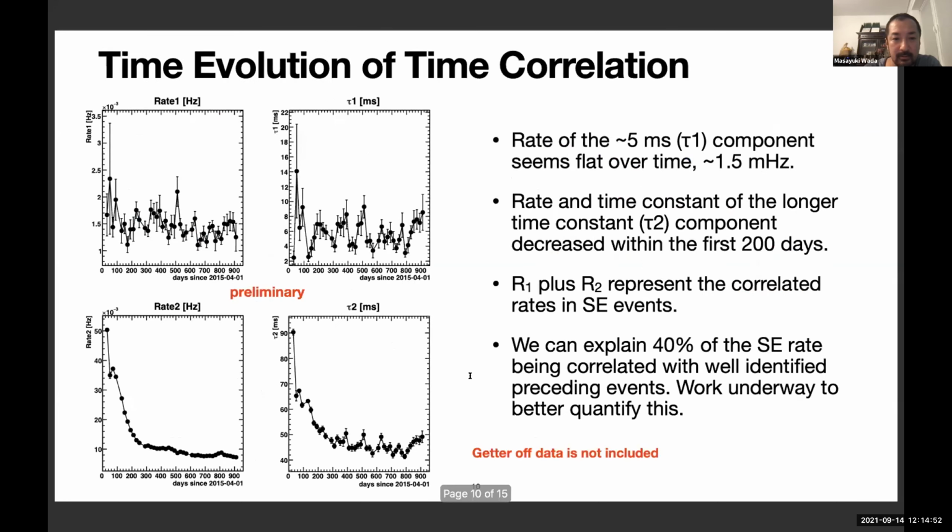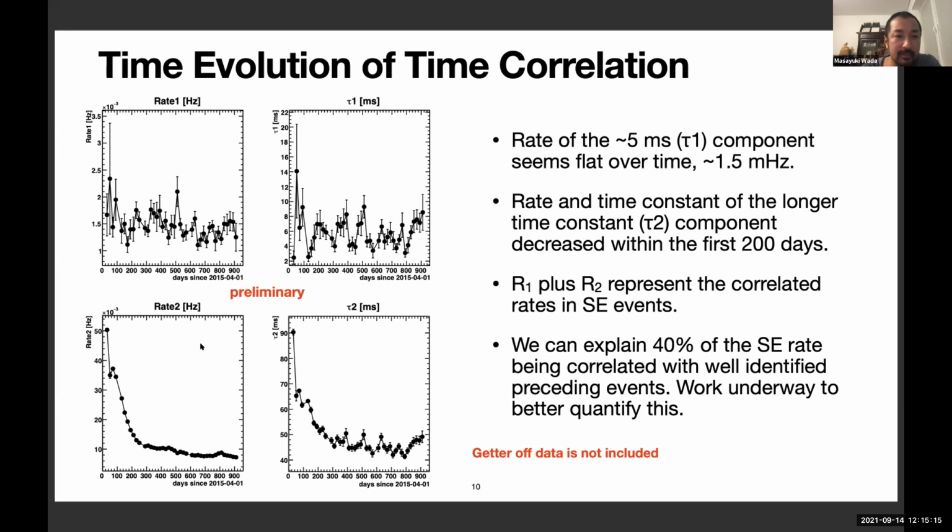This is the time evolution of the time correlation. The short lifetime component, the 5 millisecond one, has a relatively flat rate, but for the long one the time constant is changing, and the rate is changing.